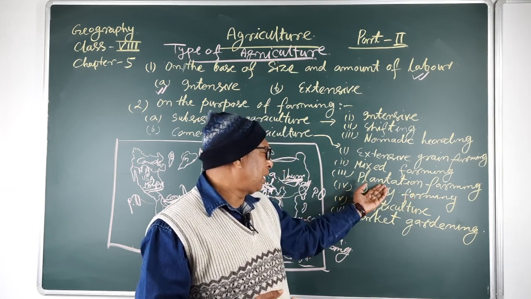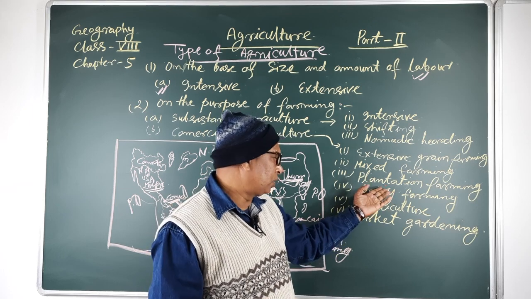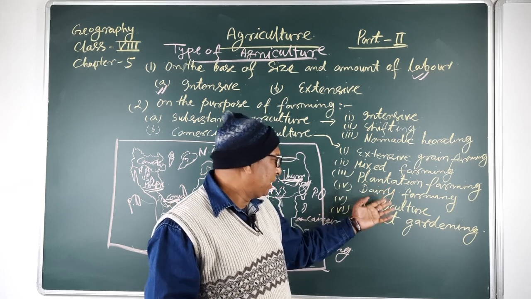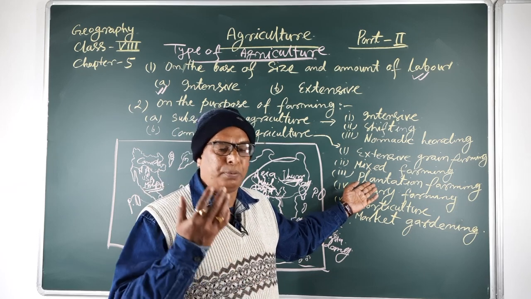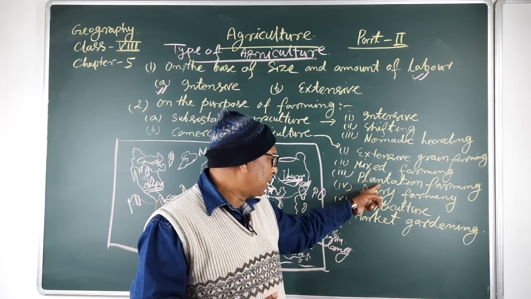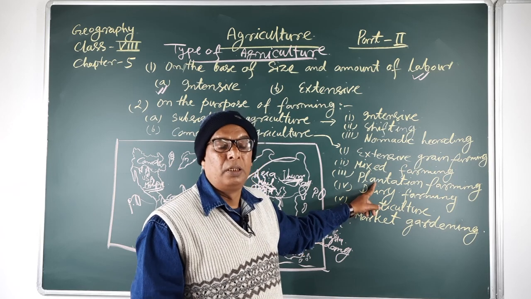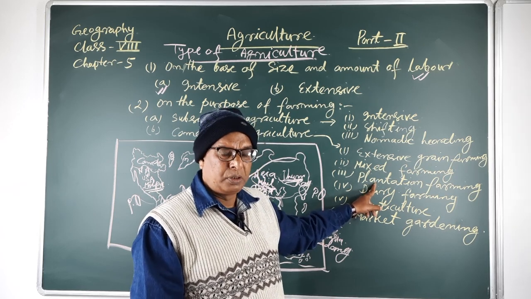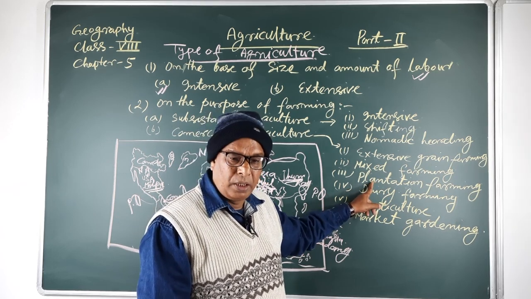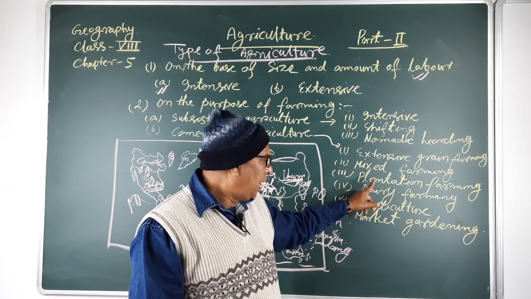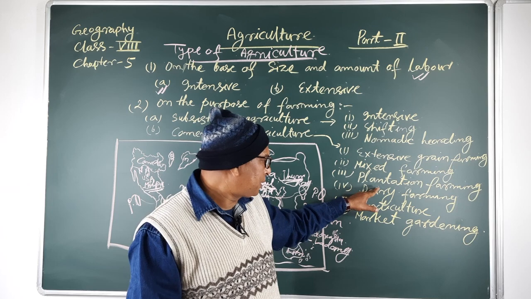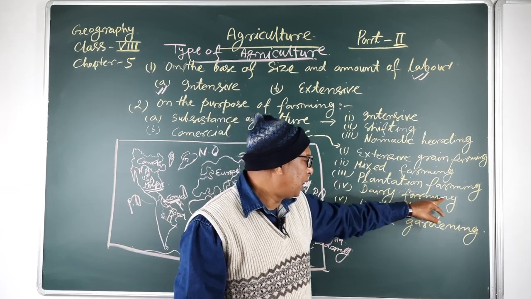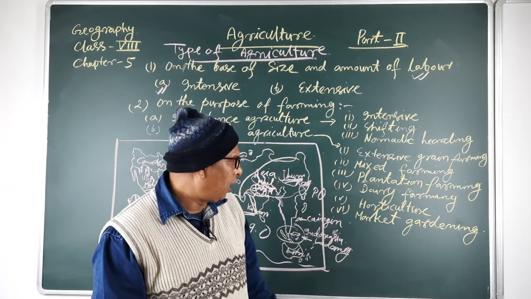Under plantation farming, we will also discuss in detail the special food grains later. But under this plantation farming, cocoa, tea, coffee, sugar cane, bananas, fruit plants, etc. are planted.